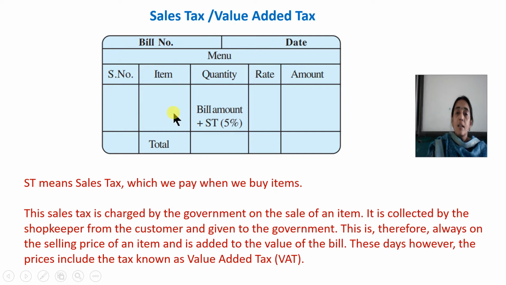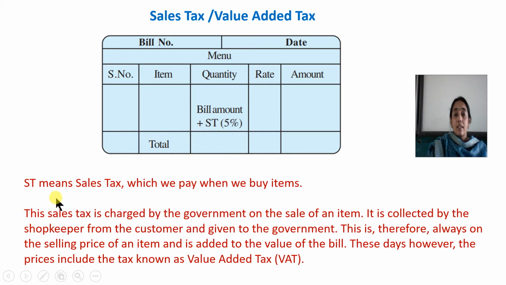Whatever is the bill amount, whatever was the cost price, on that there is a sales tax, and we have to pay the sales tax or the value added tax. The addition of both the bill amount plus the value added tax or the sales tax, that we have to pay. Everyone has to pay this.